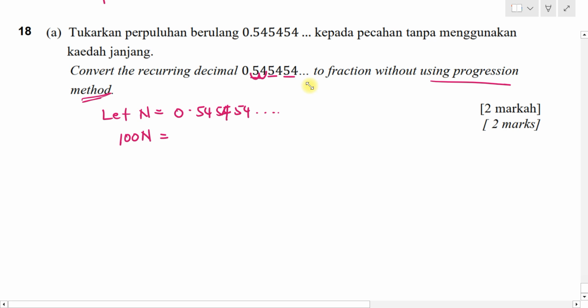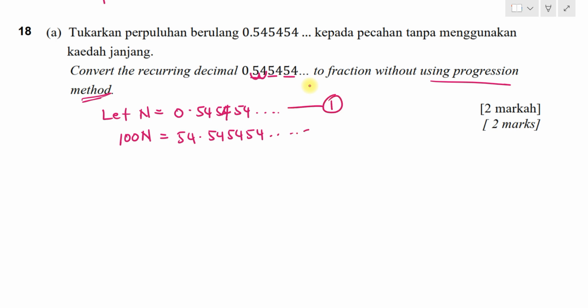Okay, like that. So this will become 54.5454 and so on. So this is equation 1, this is equation 2. Get the 2 minus 1, you get 99n equal to 54, right? 54.545454 minus 0.545454.